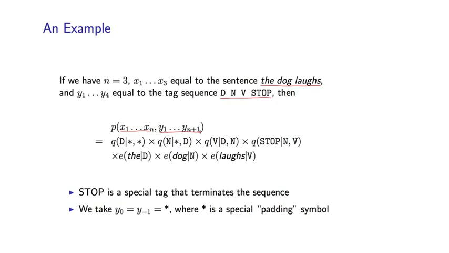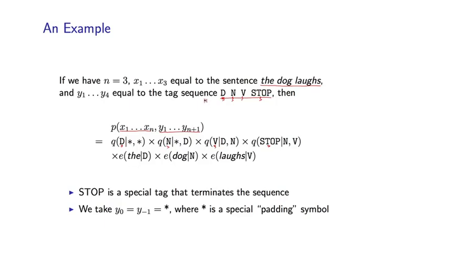By the definitions on the previous slide, it works as follows. Firstly, I have a product of q terms, and notice for each tag here, D N V stop, I have an associated q term: q(D) times q(N) times q(V) times q(stop). And at each point, I'm conditioning on the previous two tags.